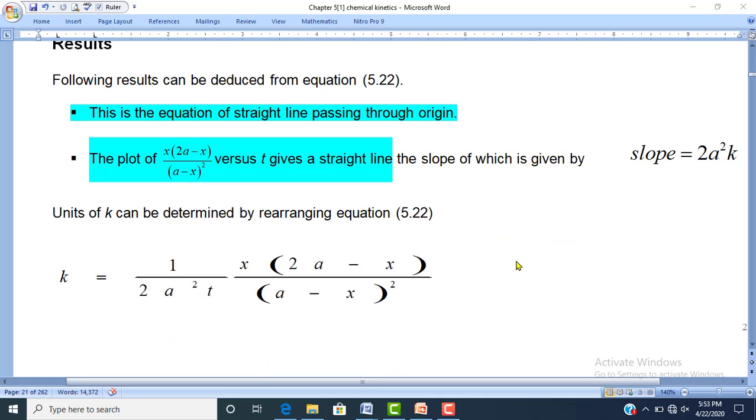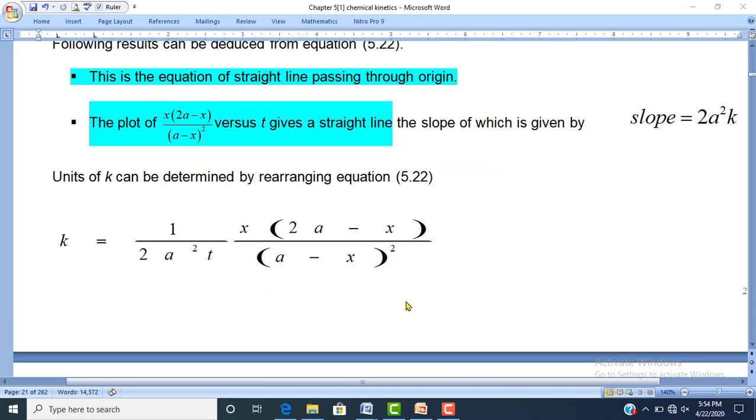And for the unit of rate constant, this equation 5.22 can be rearranged as follows: rate constant k is equal to 1 over 2 into a square into t into x into (2a minus x) divided by (a minus x) square.